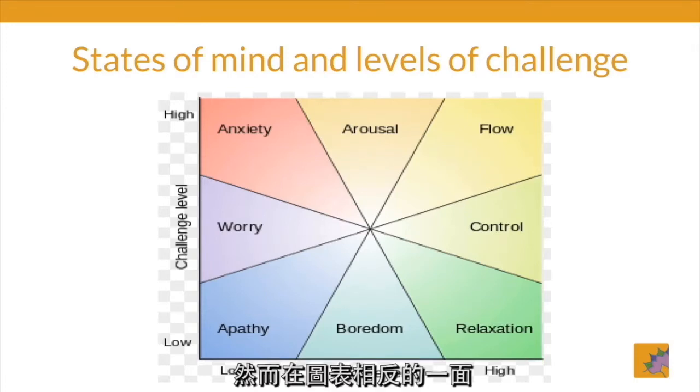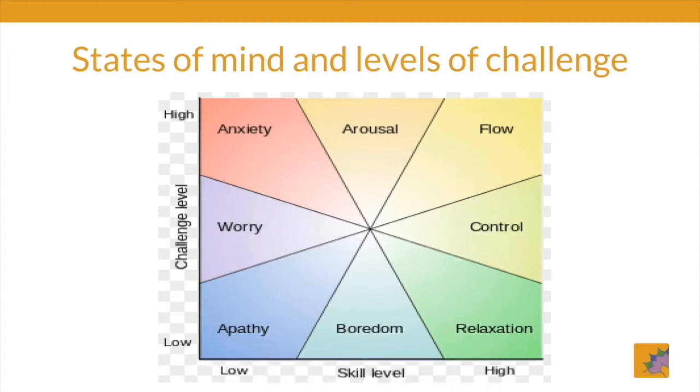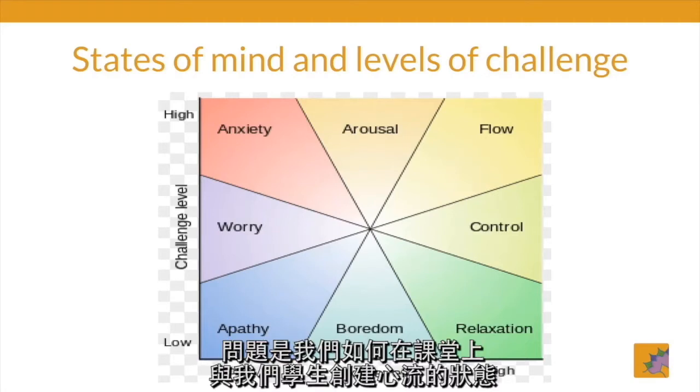However, on the opposite side of the graph, if you have low skill level and you're working on a highly challenging activity, then you will experience anxiety. The optimal state is flow. You will need to have a high level of skill and a high level of challenge to reach this state. The question becomes, how do we create this state of flow in our students in the classroom?